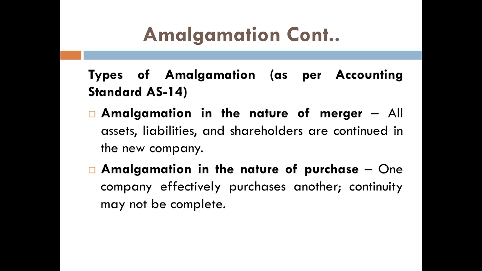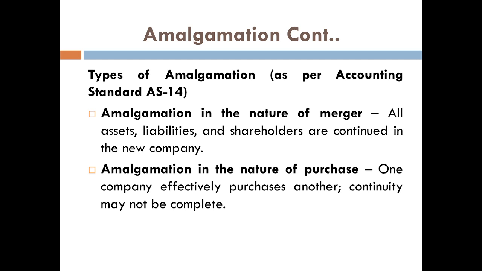Then we have amalgamation in the nature of purchase. One company effectively purchases the other, and it may not be complete. So in this case, the terms and conditions of one company effectively purchasing, it is not termed as purchasing.